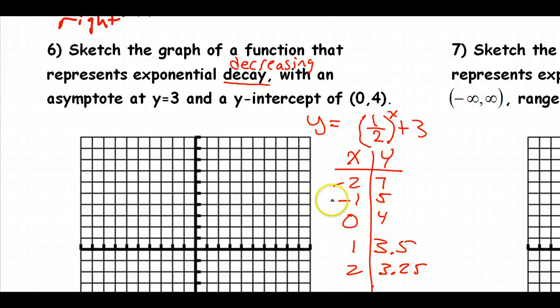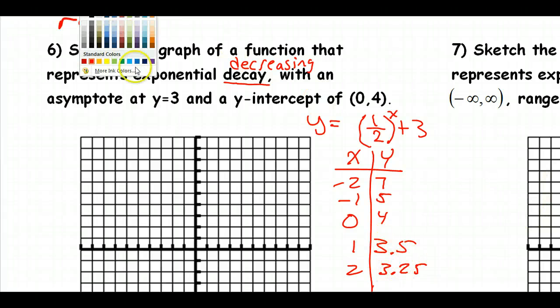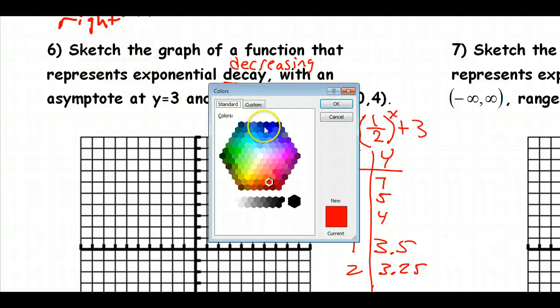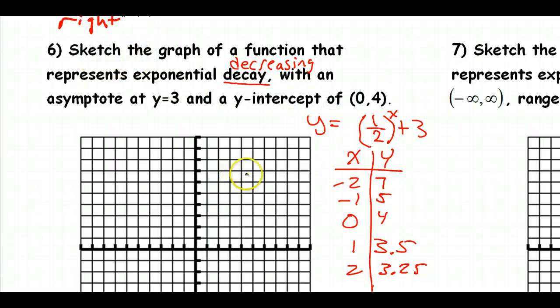And we knew that the asymptote would be at 3, so we expect this to get closer and closer to 3. Anyway, I'm going to show the asymptote here in blue. That's going to be right here at 3, like we wanted. So don't forget to draw your asymptote as a dotted line.